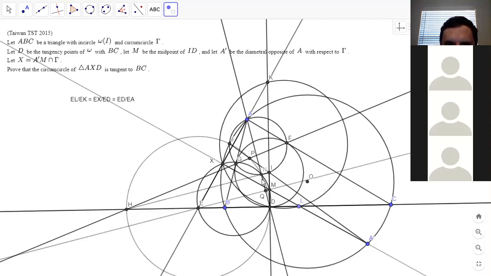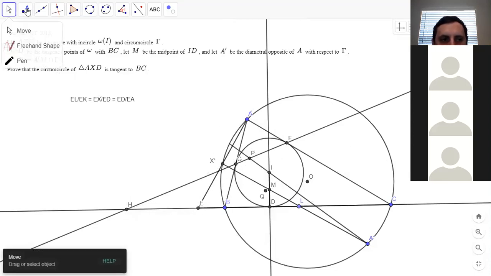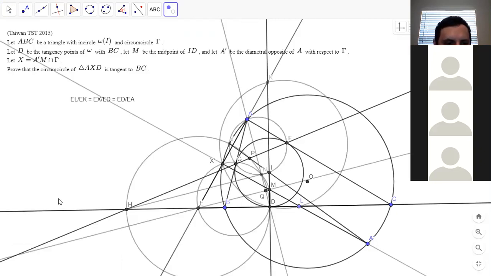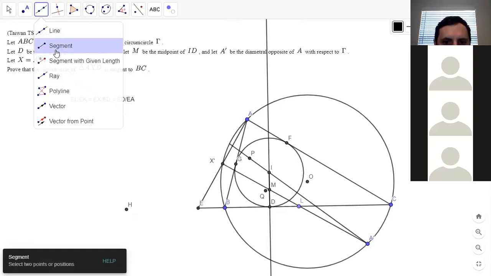I don't think we need N for this proof. Now I'm going to draw in some more.